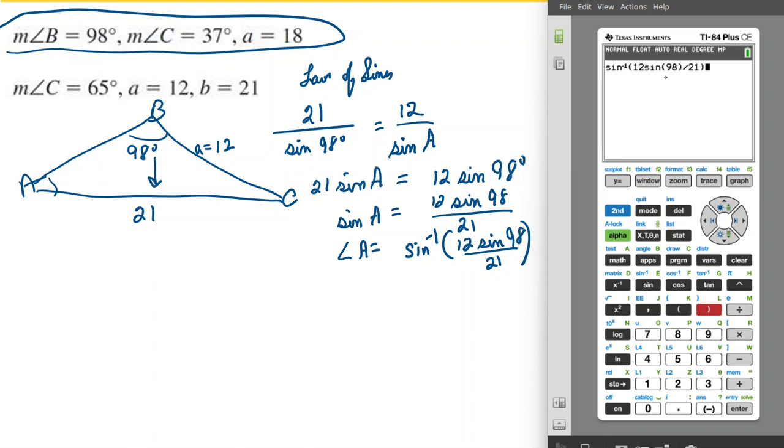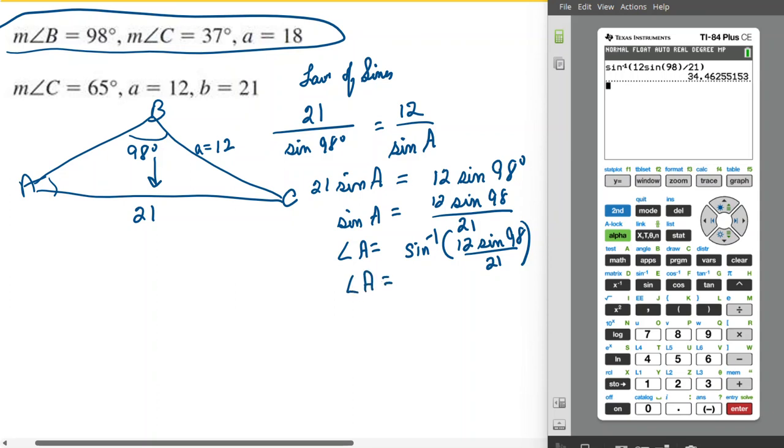This one for the small one and the other one for the large one. Here we go. And so the measure of angle A is 34.5 degrees. So we got A.